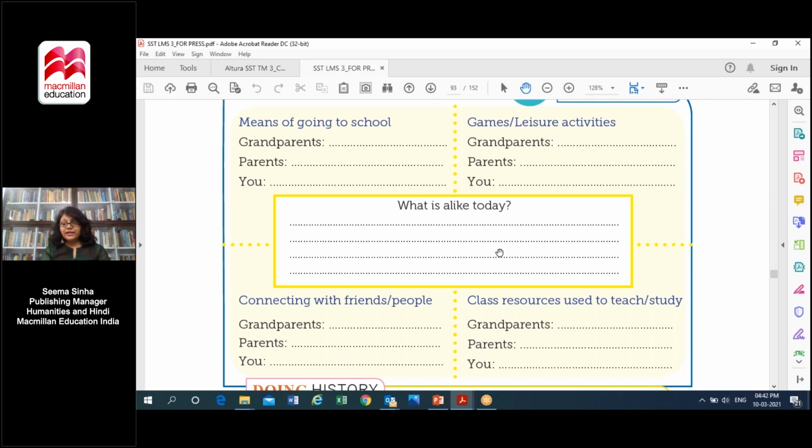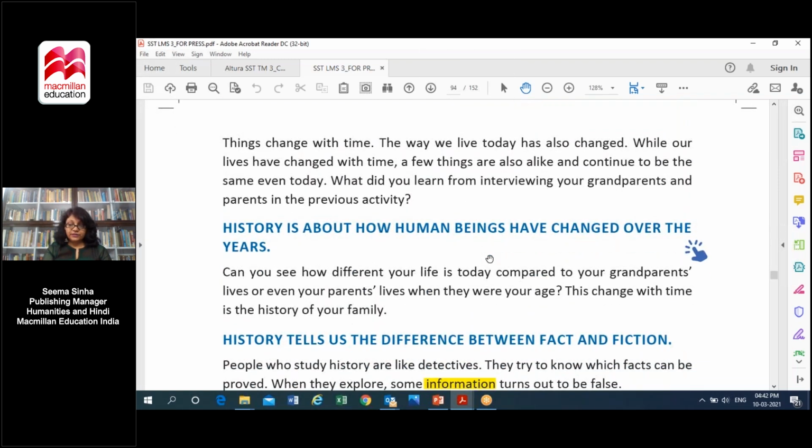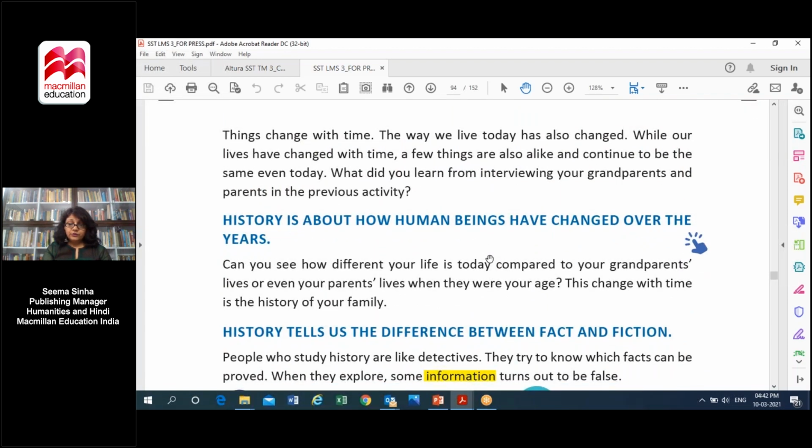You will also appreciate that the students are using all their five senses to do this activity. At this point, you can introduce them to other concepts in the chapter. So you can take them through related concepts as to what are the sources, why a historian should engage with it, and how it helps in constructing history.